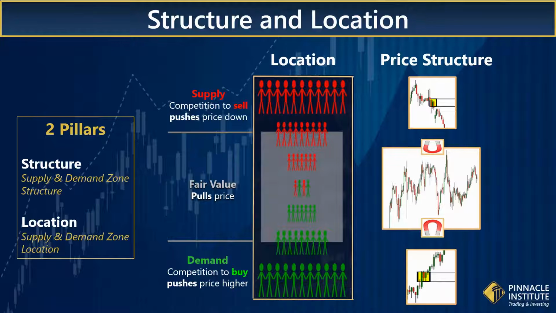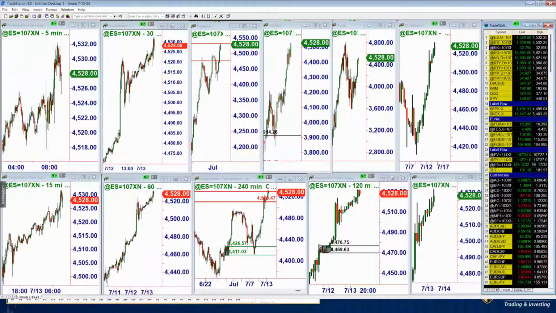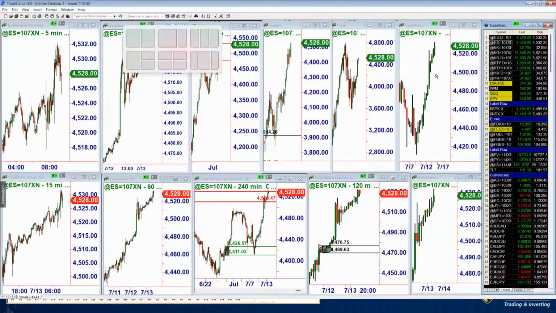I see another question in the chat there. So let me take you to, for example, let's just go to the live chart. It's definitely going to be easier.